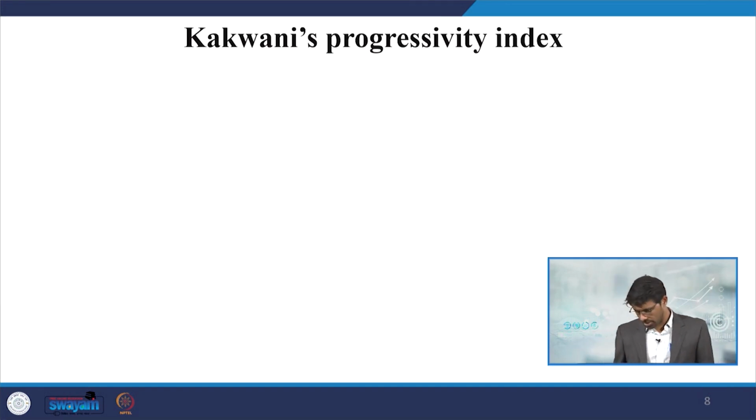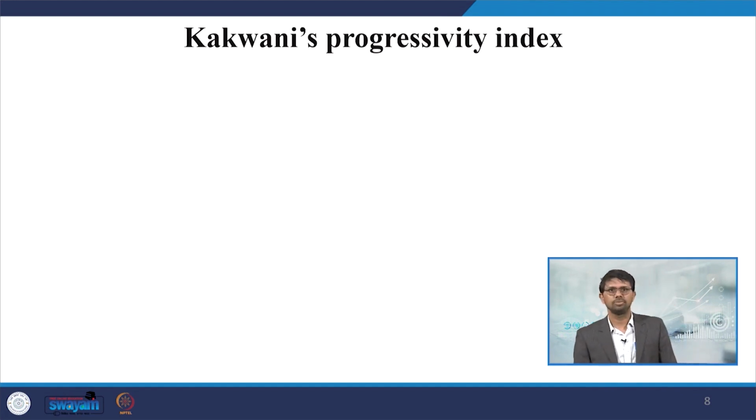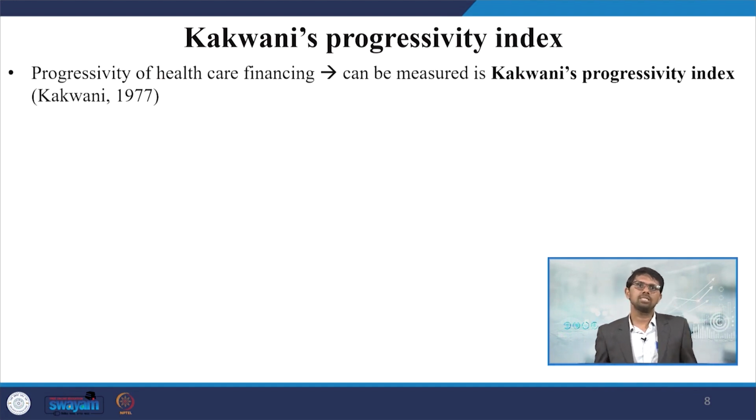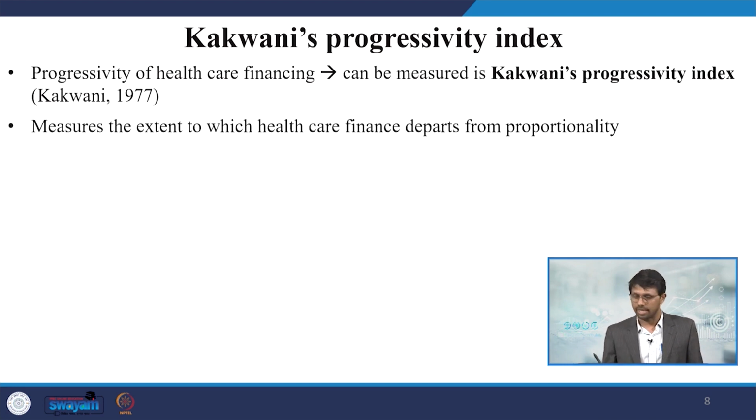One of the approaches in measuring equity is through the Kakwani progressivity index. The progressivity of healthcare financing can be measured through the Kakwani progressivity index, as mentioned in a 1977 paper.